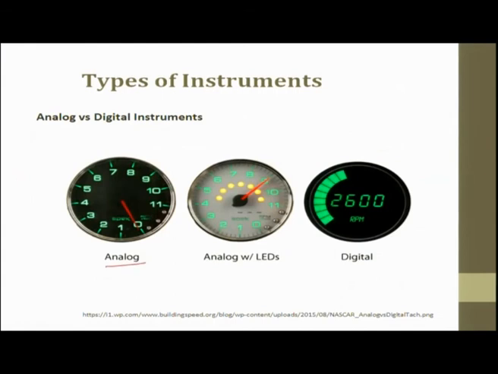So, this is analogous. Earlier in bikes and all, we used to see the graduation is continuous, and there used to be a pointer which moves around it and shows the speed, whatever it is. Later it became analogous with LED, and now it has become completely digital. Today, analogous instruments where there are springs and other things involved always have maintenance issues.